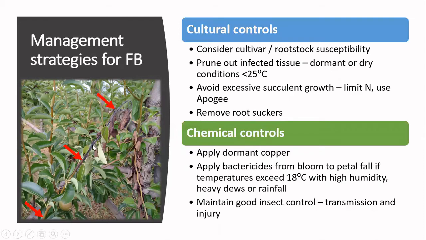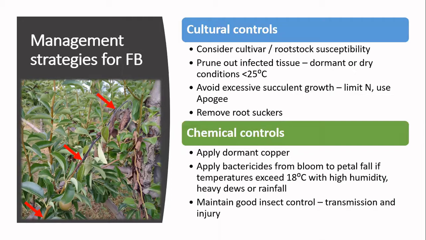The transition zone between the unhealthy tissue and the healthy tissue is where that bacteria is going to be present. Now, if you prune at this area, you're not only not getting the bacteria that will then spread further down the shoot, but you're also contaminating your equipment, and there's the potential of spread throughout the orchard if you don't disinfect between cuts.